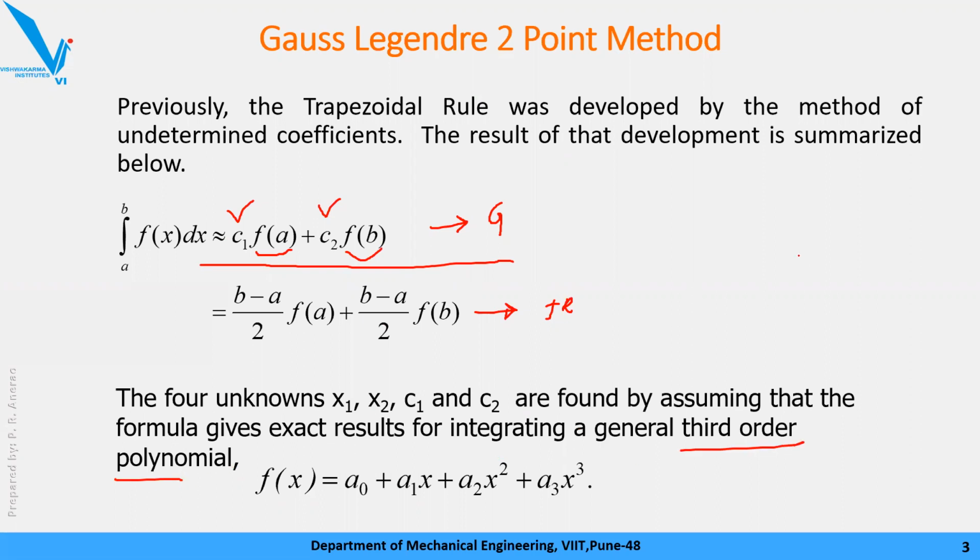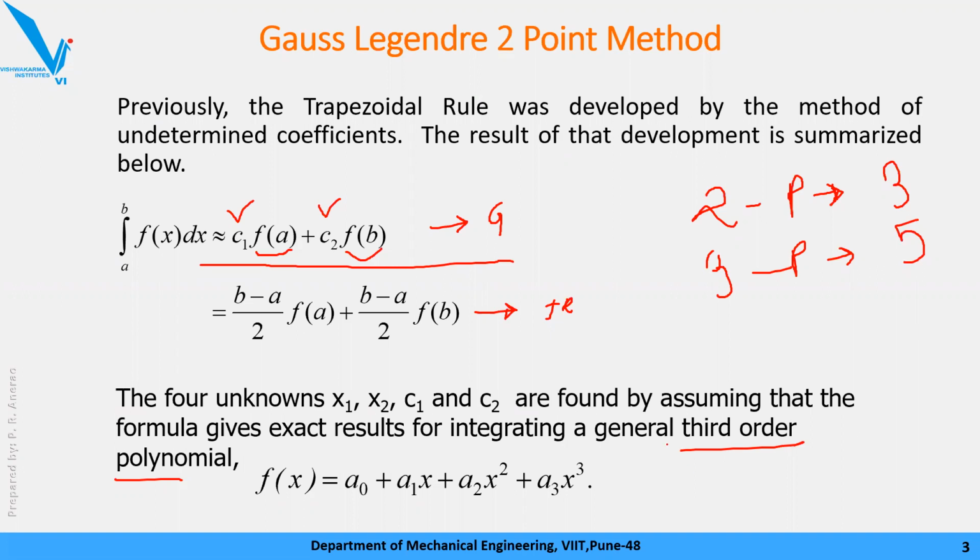So if we are doing the Gauss quadrature 2-point method, the polynomial equation is of order 3, a cubic curve. If we are dealing with the 3-point method, the order of polynomial is 5.